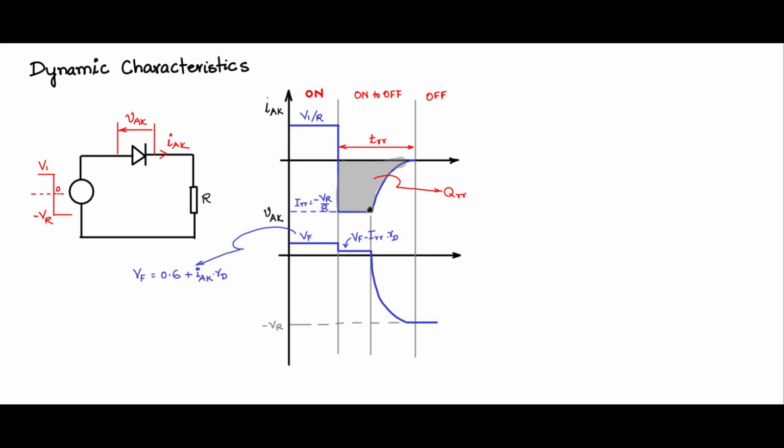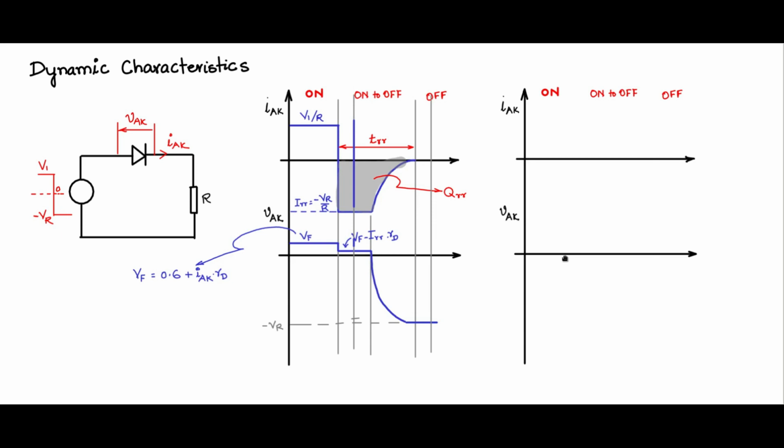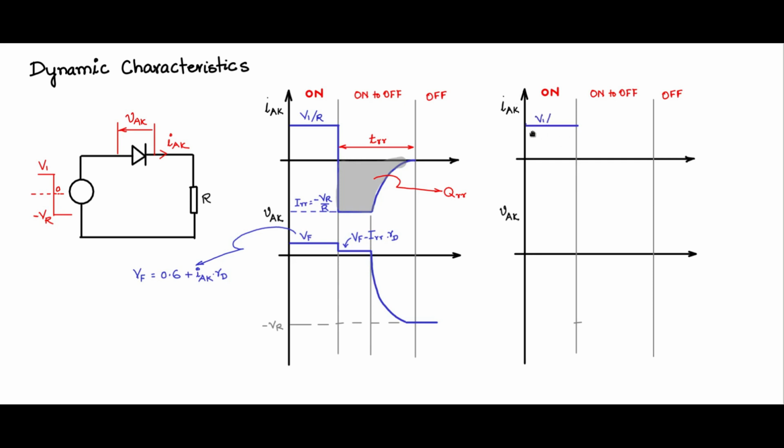Now let us slightly redraw this to bring in a practical diode. This will not be a sharp instantaneous fall. There will be a di by dt slope here, and let us show that also. So this graph is duplicated, the axes are duplicated, and let me again draw the forward current when the voltage is V1, which is V1 by R1, that remains the same.